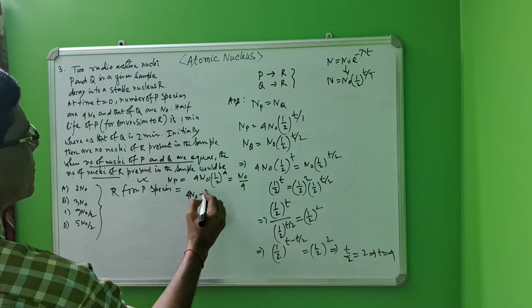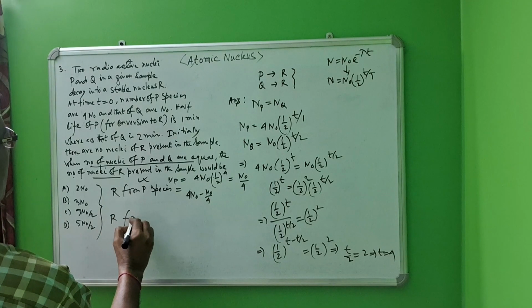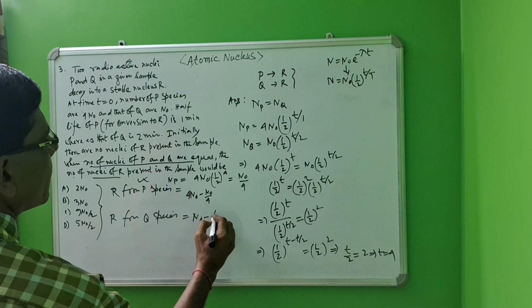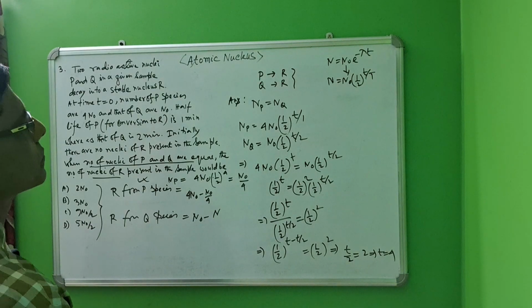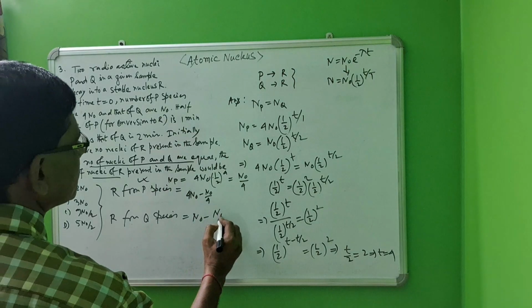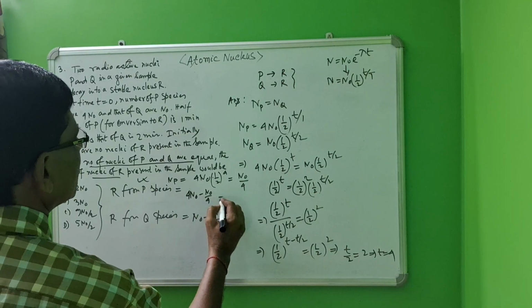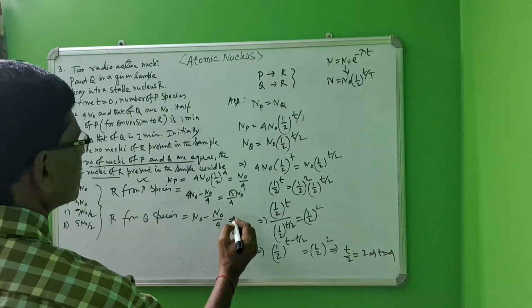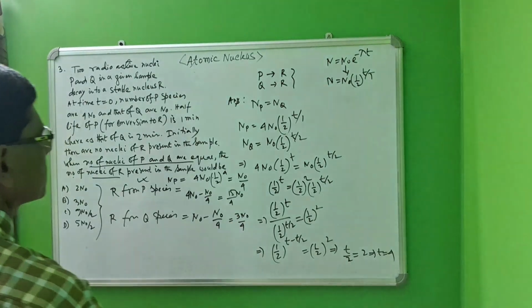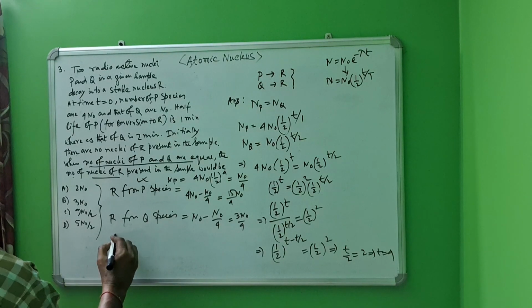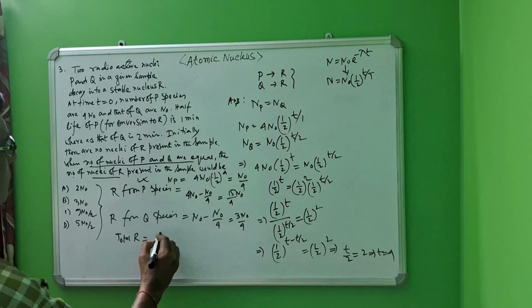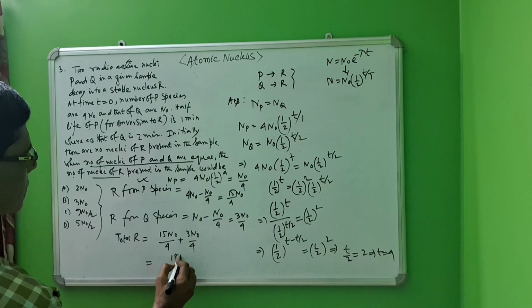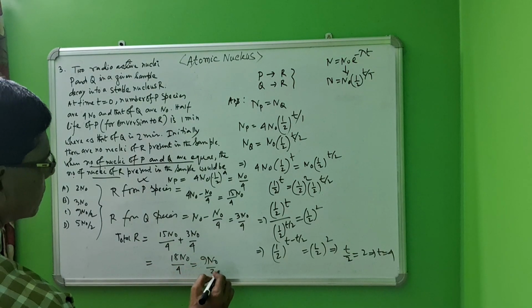So 4N0 minus N0 by 4, and R from Q species will be equal to N0 minus N0 by 4, and this is equal to, so total of R. So the answer will be C.